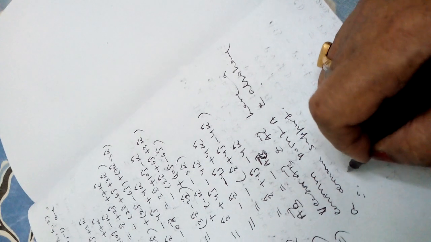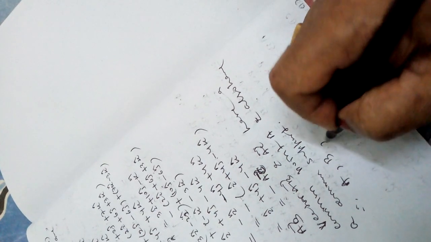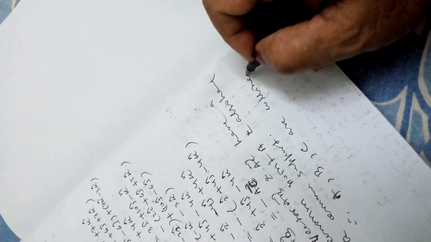Therefore, A, B, C are collinear. Henceforth, this much. Thank you.